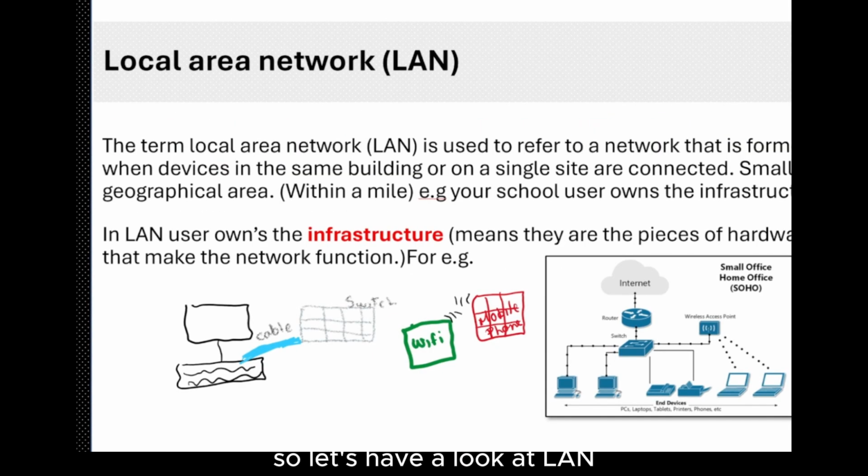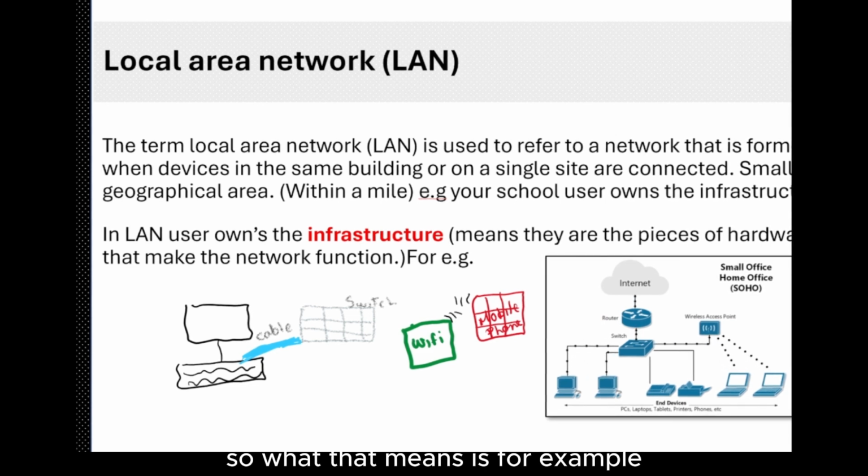So let's have a look at LAN. The term local area network refers to a network that is formed when devices in the same building or single site are connected. It's a small geographical area, within a mile. Your school uses its own infrastructure. You might ask, what do you mean by infrastructure?